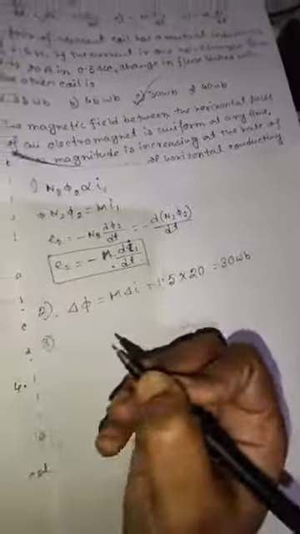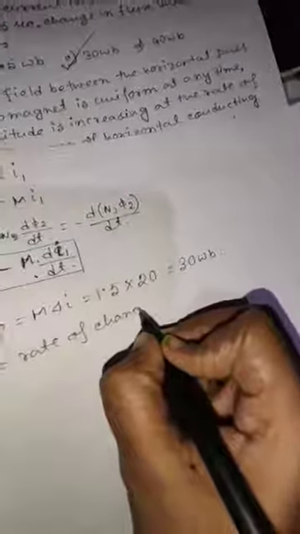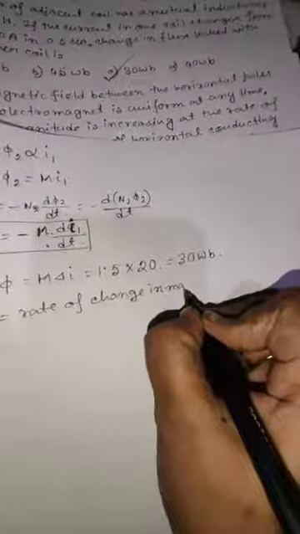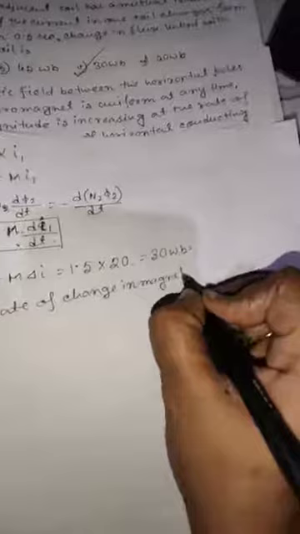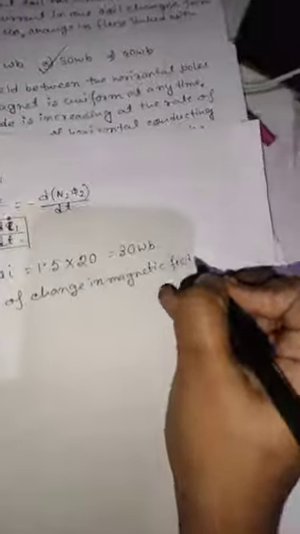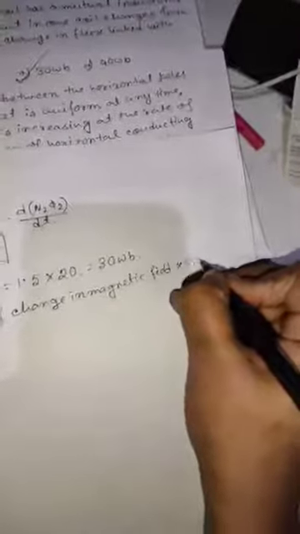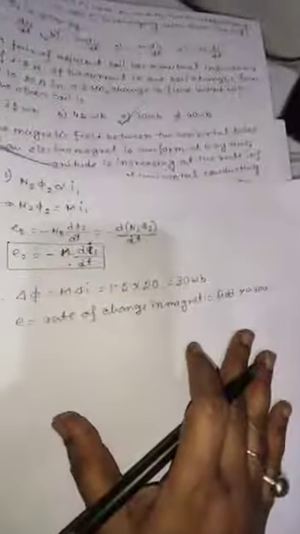So let us do this. Basically we know that E is the rate of change in magnetic field into area.